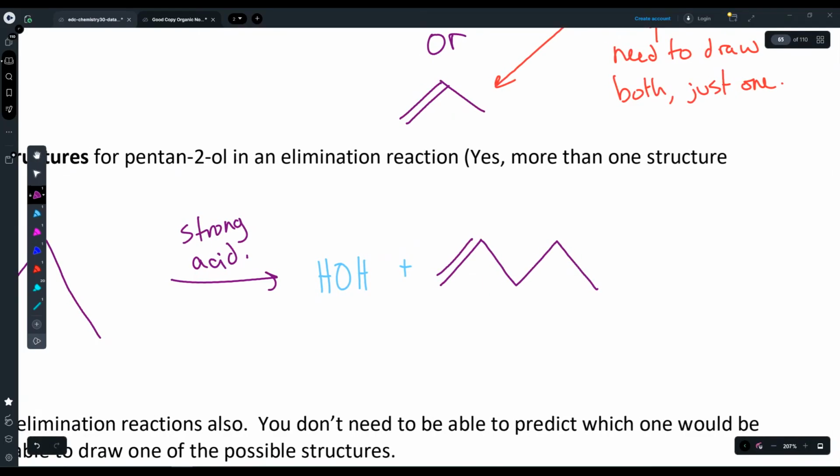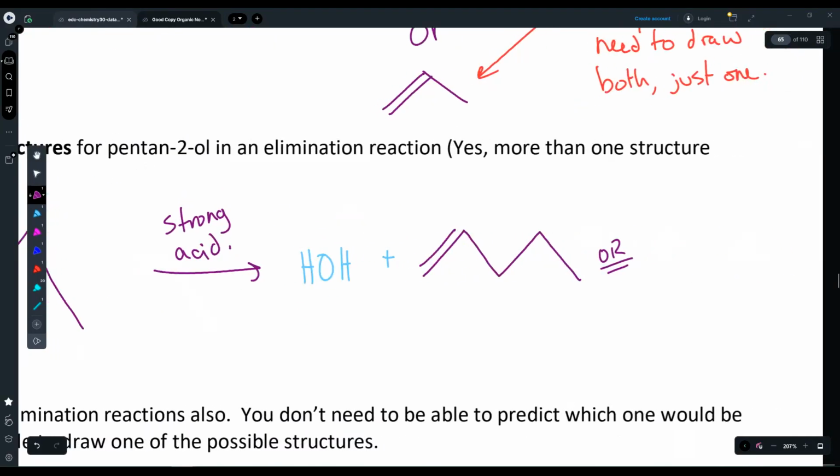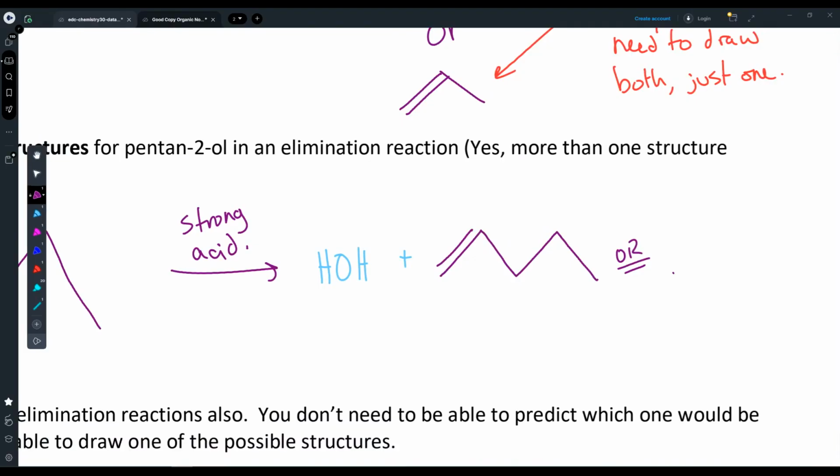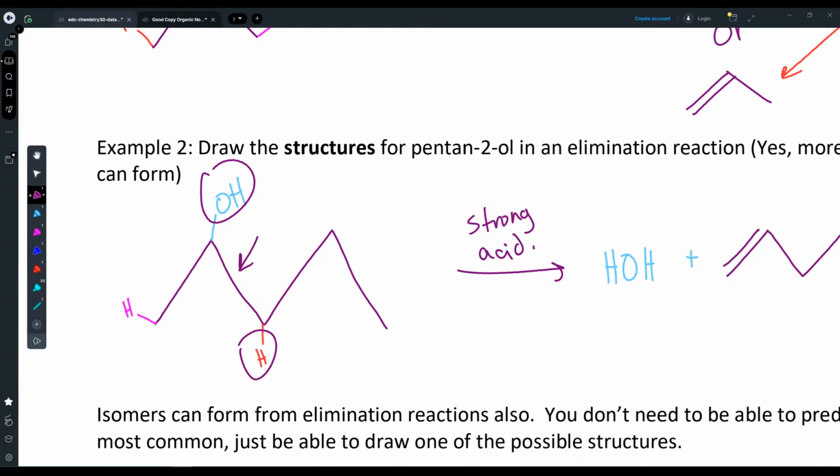But the other product we could get could happen if this alcohol group left with this hydrogen, and in this case, yes, you are going to get 2 different compounds. So 1, 2, 3, 4, 5. If these 2 leave, then the double bond forms here in between those leaving groups.